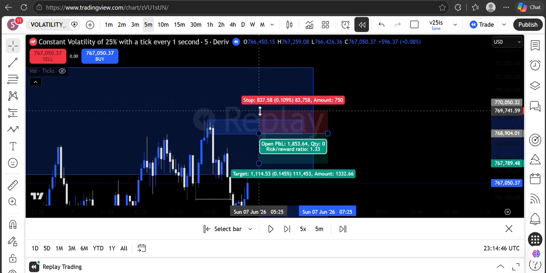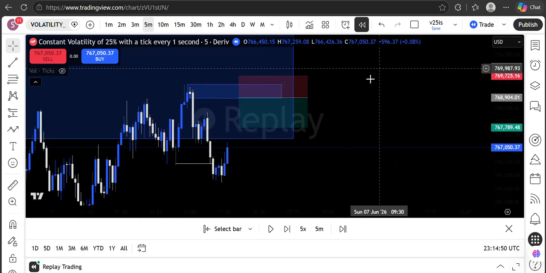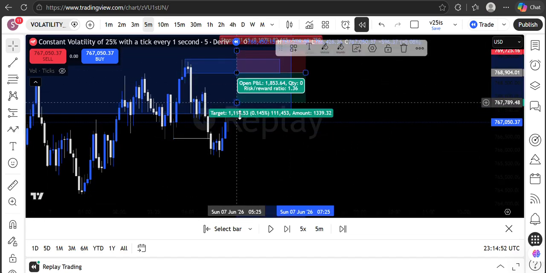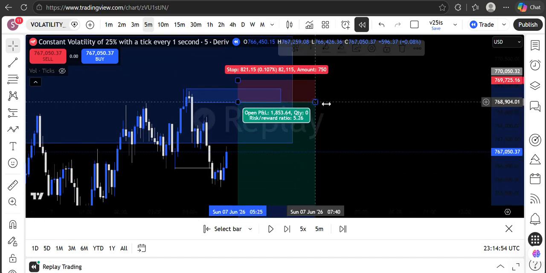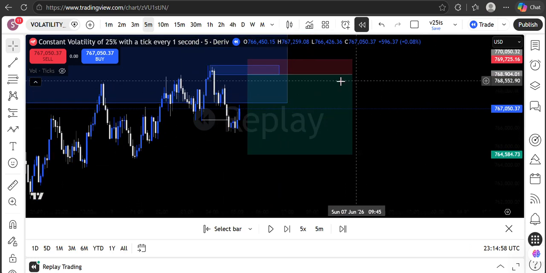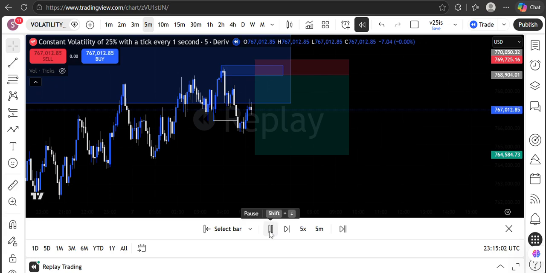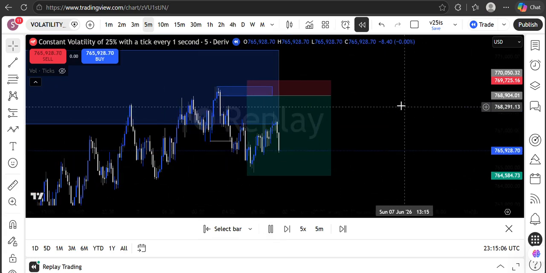Just give it a little space, don't make it too tight. So our stop loss is above this high, and this is it. So let's see what happens. Let's wait.